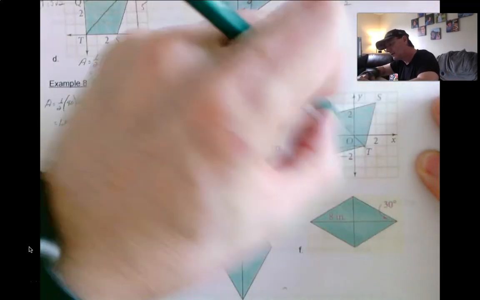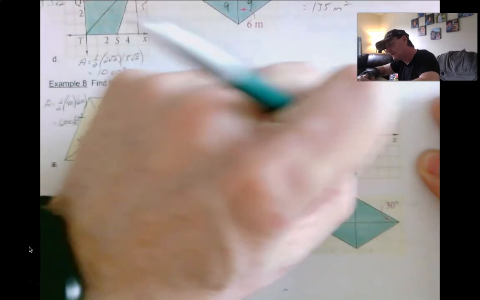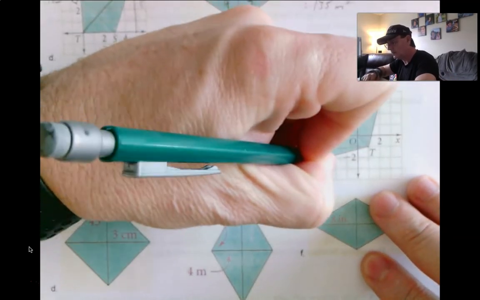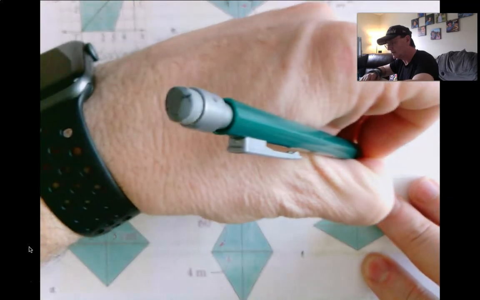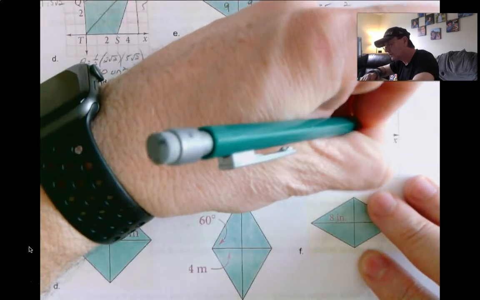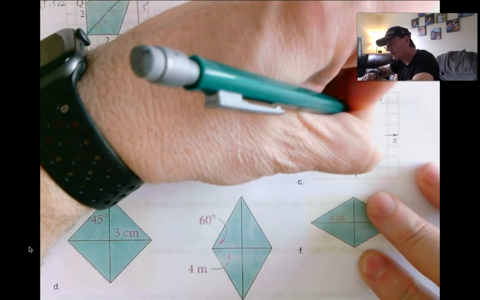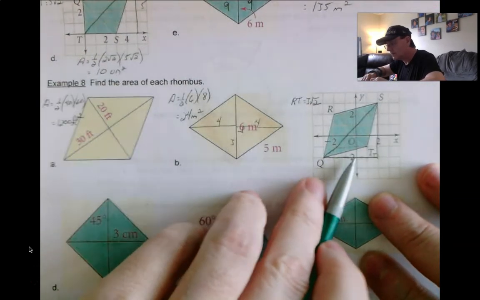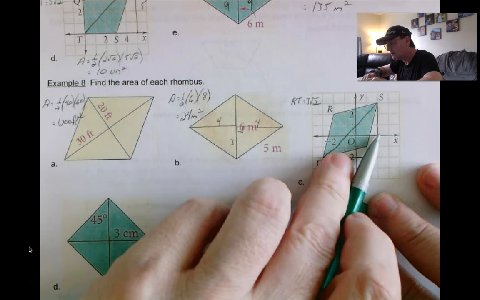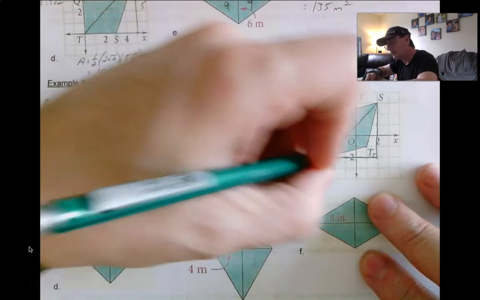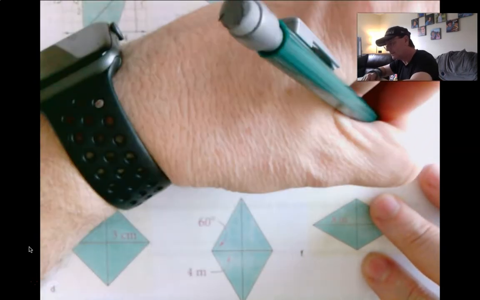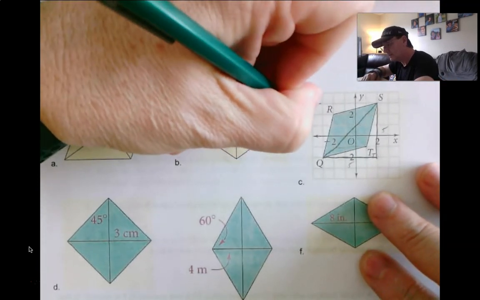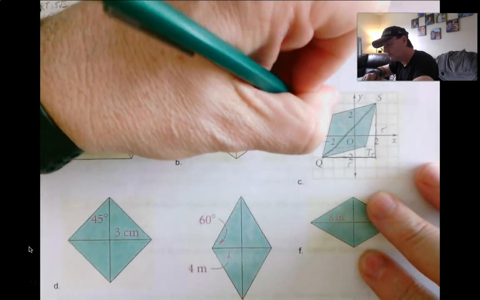Erase that so that we can find QS now. QS, let's draw in this right triangle here. 1, 2, 3, 4, 5. 5 by 5. Making QS equal to 5 square root 2.